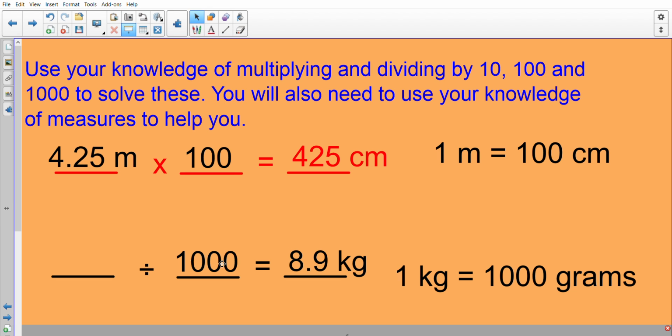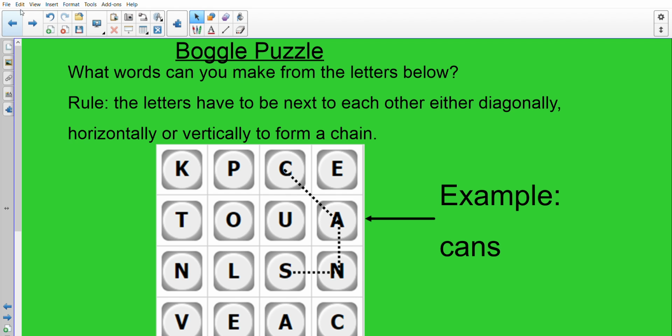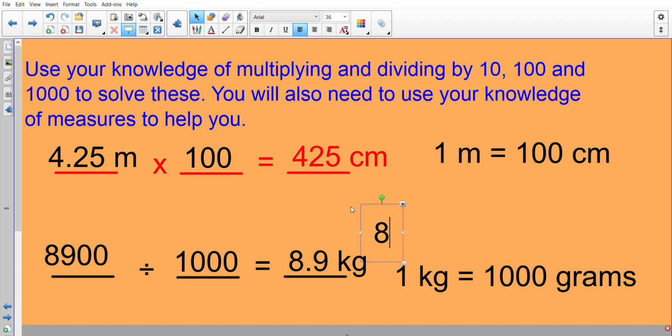Well, 8 times 1,000 is 8,000, so it's going to be 8,000 something. So it's going to be 8,900. I think that looks right. Let's just test it out, shall we, with our hopping method.